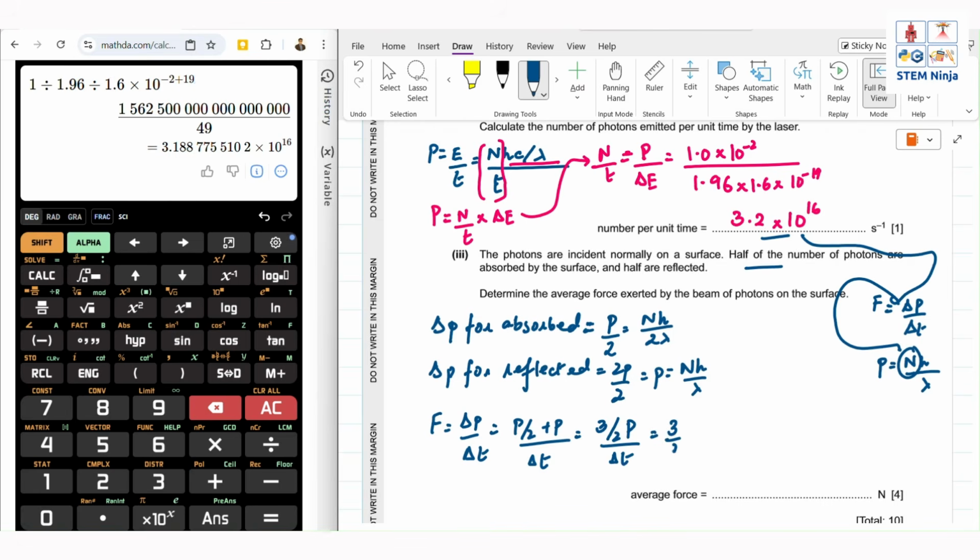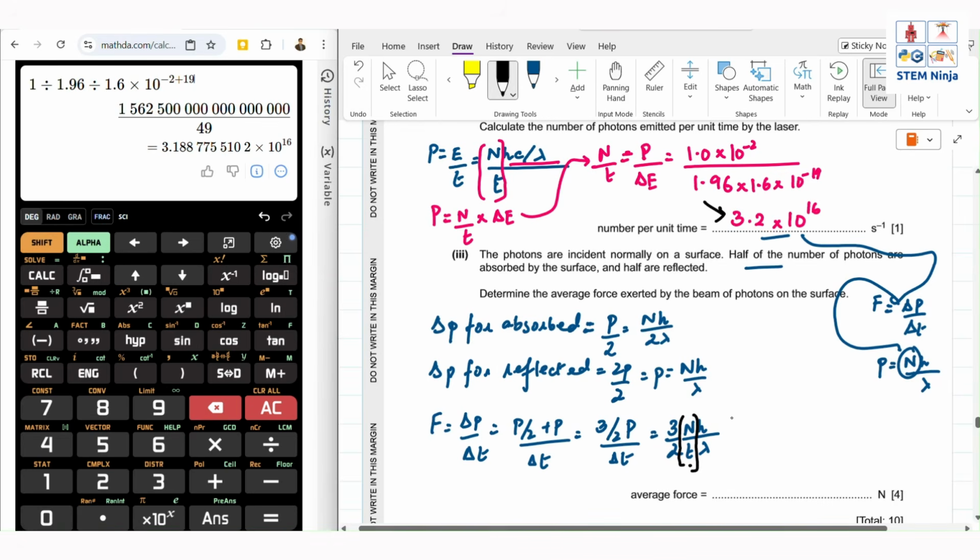So 3 over 2 P is NH over lambda divided by T. Right. So in 1 second, or in a particular amount of time, which we now know to be 3.2 × 10^16 per second, we can employ that.